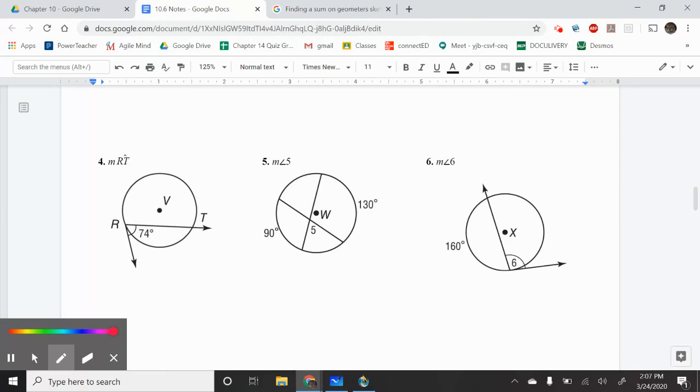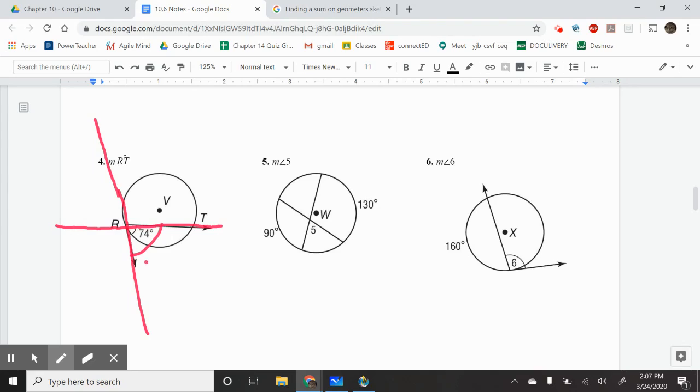So here for number 4, I again have a tangent with a secant, and I have an angle of 74 degrees, and therefore this is also 74 degrees. Now, I'm looking for the measure of arc RT, that's our x. First of all, our angles, 74 and 74, add up to 148, right?